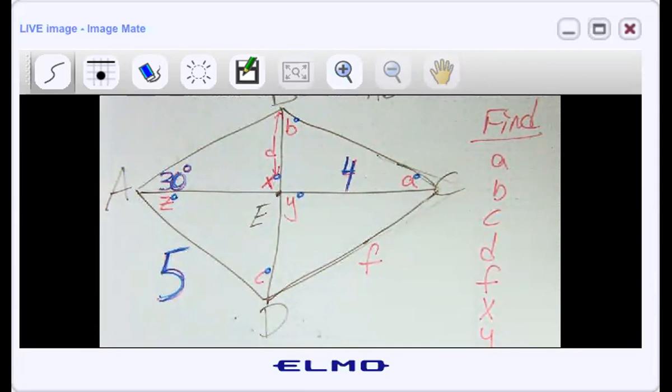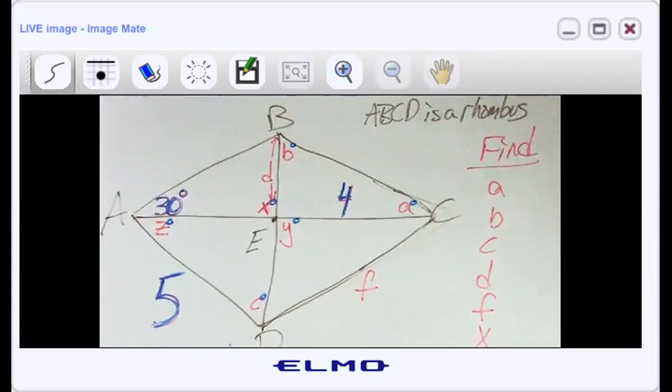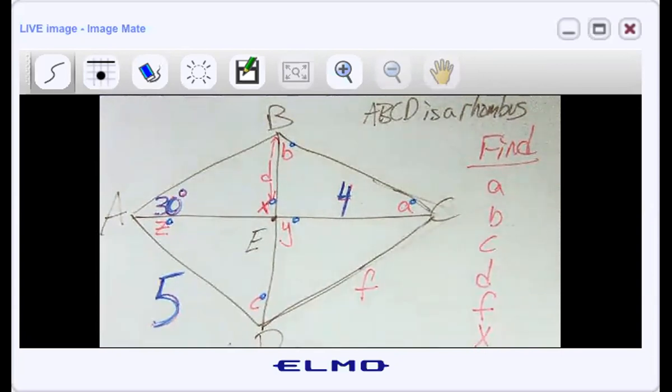Okay, so let's start walking our way through some of these. There were a few that I told you right away you know without doing really any math. If you know that this thing is a rhombus, which you do because I told you and I wrote it up here, that means all four sides are the same length.